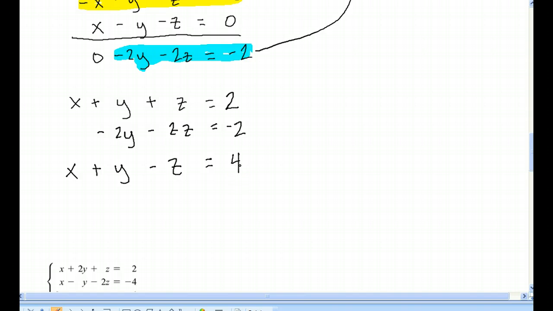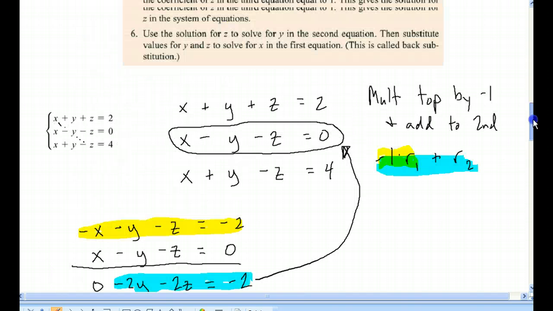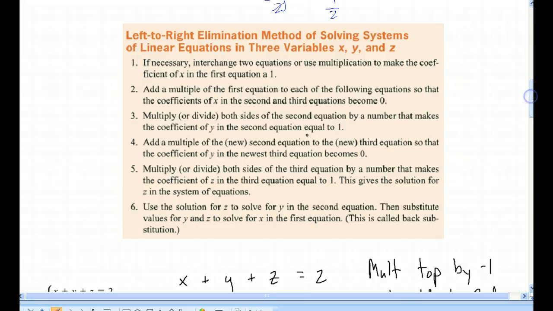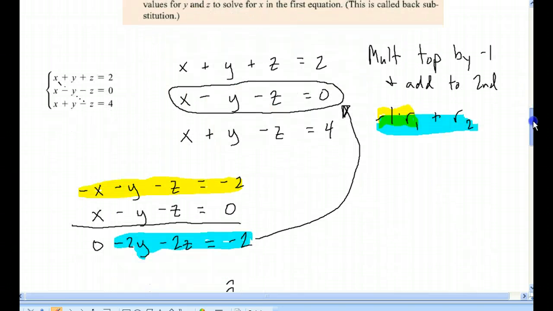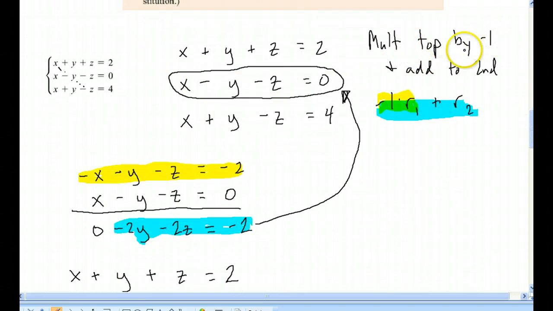Alright, now we're going to do the exact same thing. We go back up and look at our steps. Multiply or divide both sides of the equation by a number, do that same thing to the second and the third equations to make them become 0. So the same thing that we just did, multiply by negative 1 and add to the second to get rid of this x. We're going to do the exact same thing to the third row to get rid of this x.